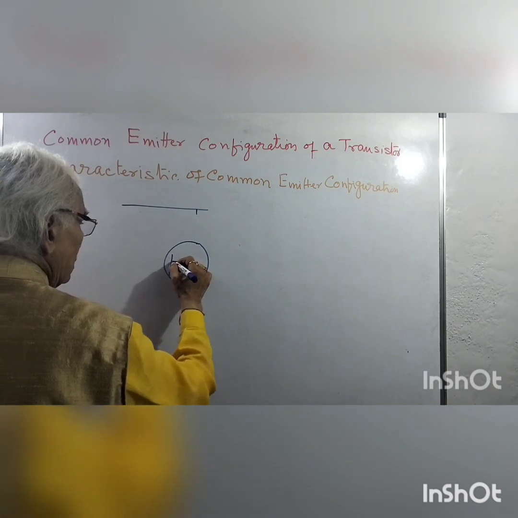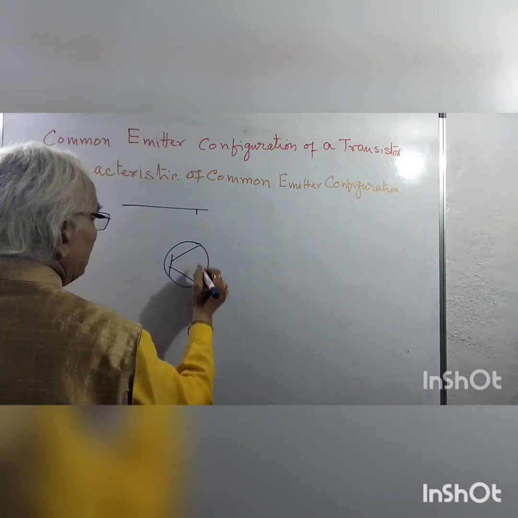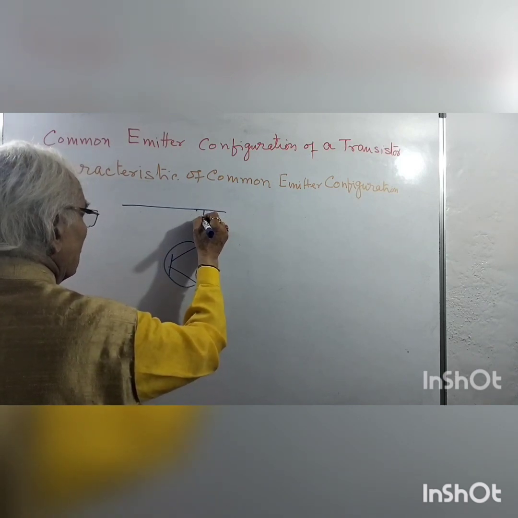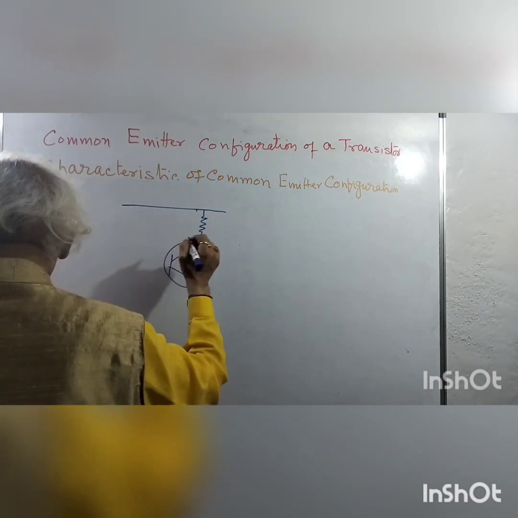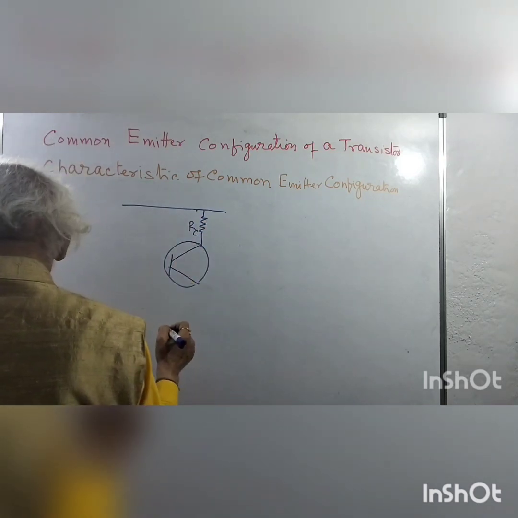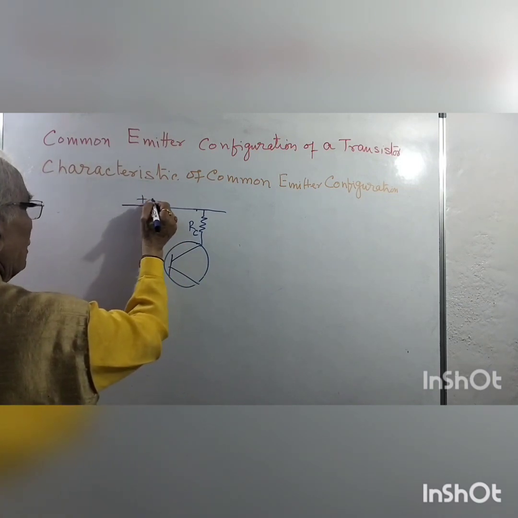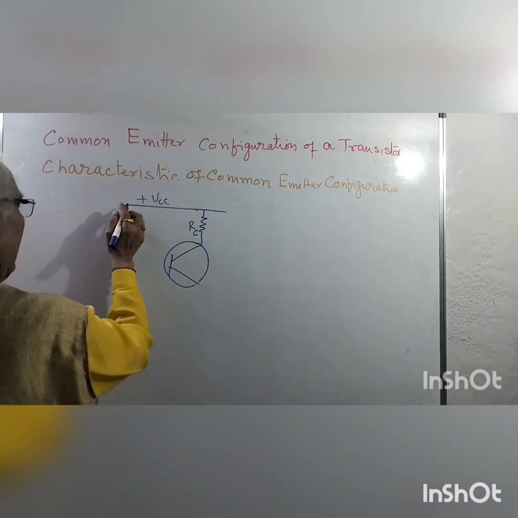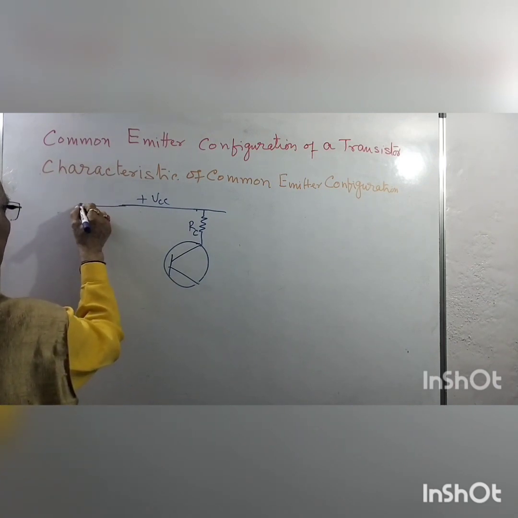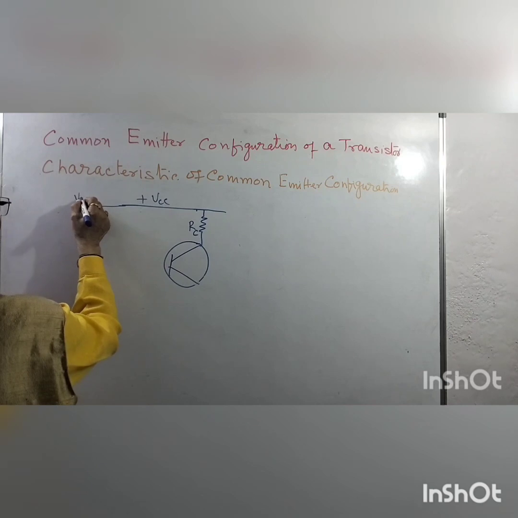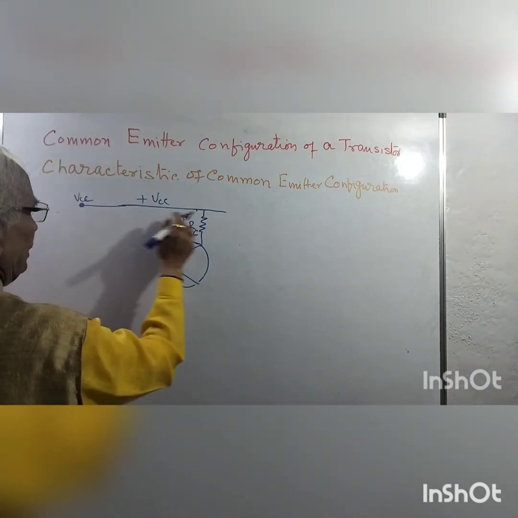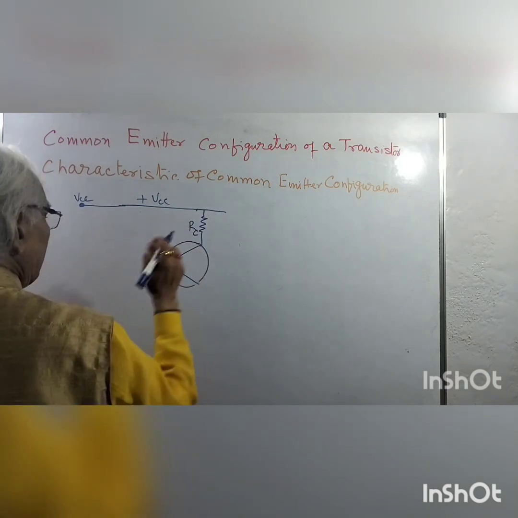This is the base, the collector, and the emitter. Here we connect the RC, that is the collector resistance, and here is the plus VCC. This is the battery line coming from the battery, the VCC source. So we apply voltage from here, and RC is the collector resistance.